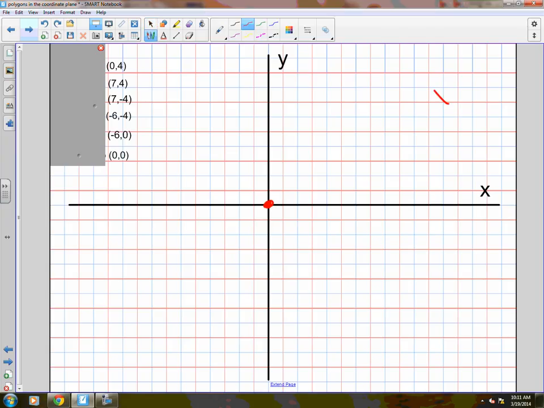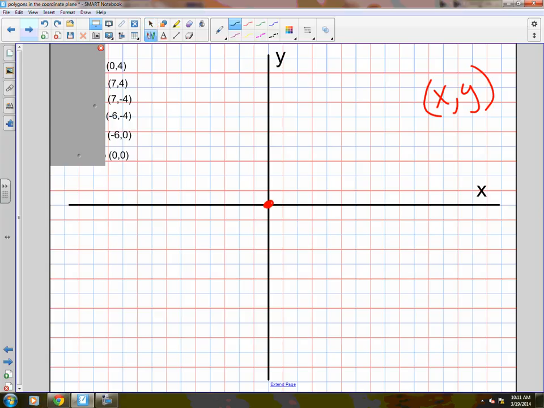We have the x and the y. X comes first because of alphabetical order. So it makes sense. And if we're using x first, we're either going right for positive or left for negative. And then when we use our y, we're either going up or down, just to refresh your memory. This should bring back some memories.